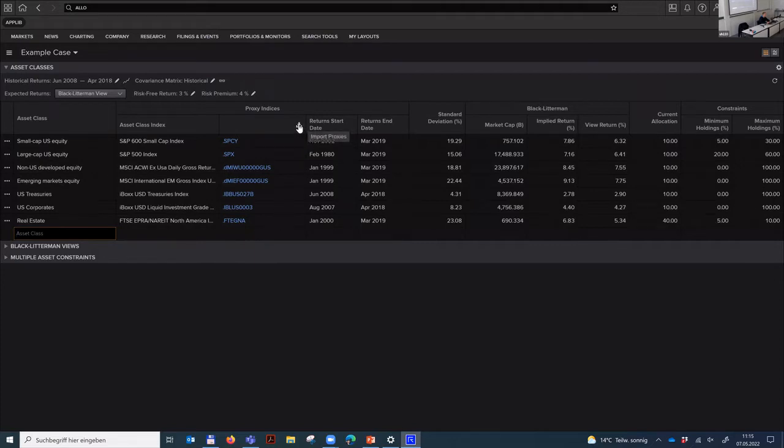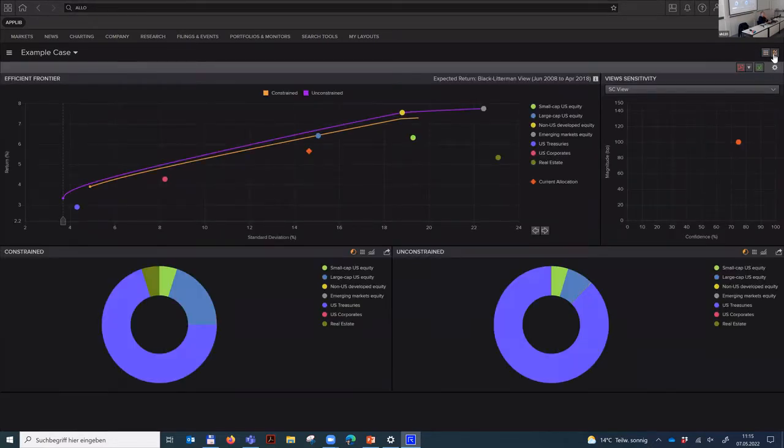Simply click on here, it imports several other proxies. But for us, it works if we simply take this. So, when I press optimization output, it takes some time.